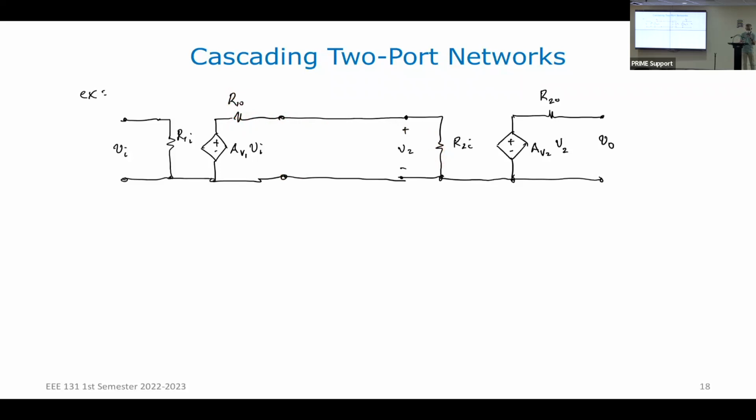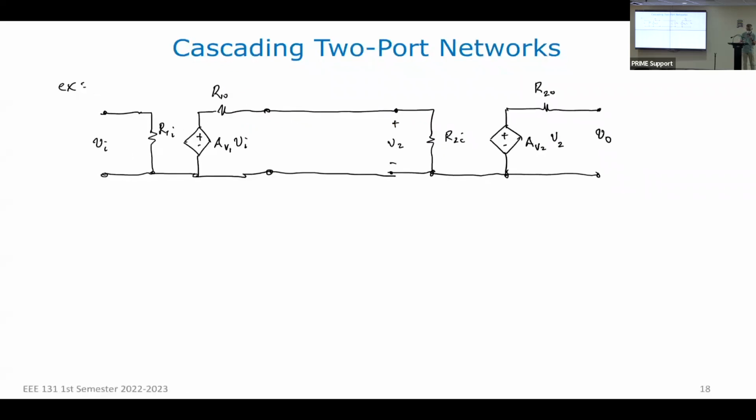Now, how do I compute for V2? Any suggestions? Correct, no? Voltage divider. Right?